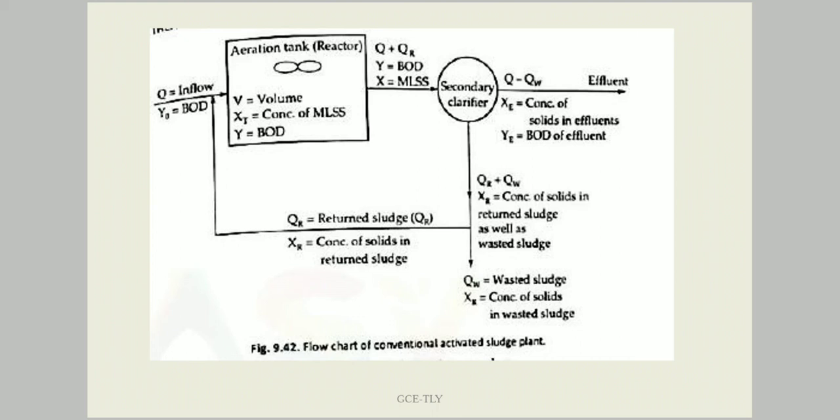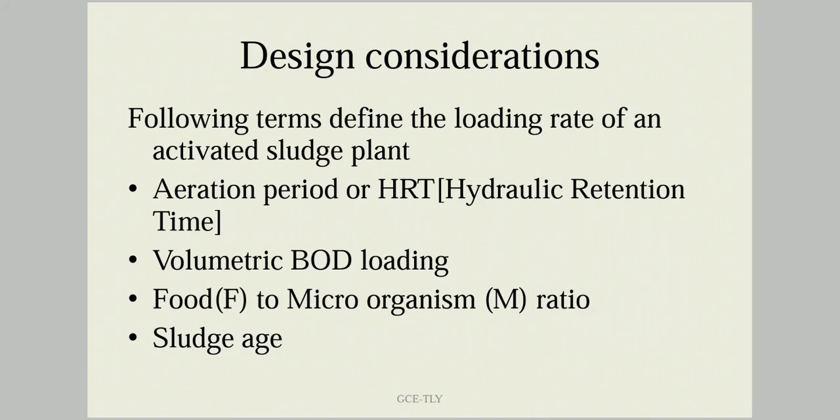The process may be continuous or batch, but the stirring is done frequently. The volume is represented by V, the concentration of mixed liquor suspended solids is represented by XT, and BOD is Y in the aeration tank. Then this effluent is taken to the secondary clarifier, where we form the waste sludge, and some amount is returned back into the aeration tank. So this is the process of activated sludge treatment.